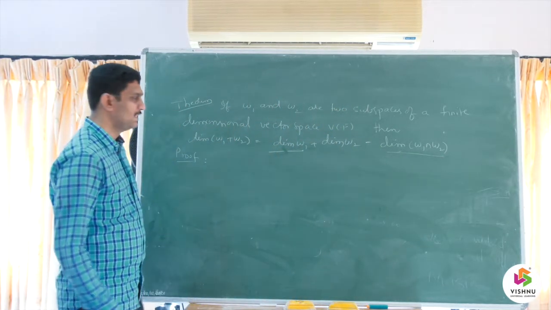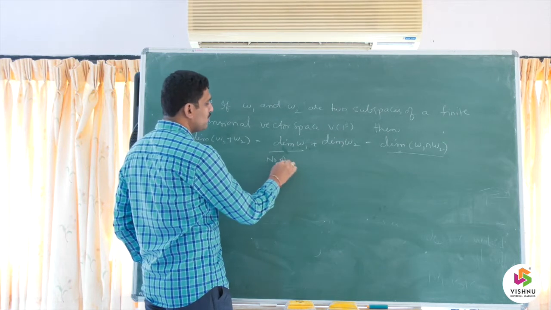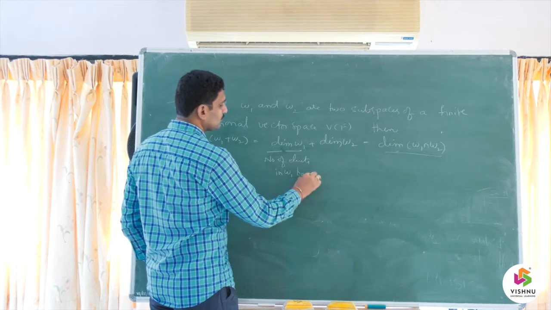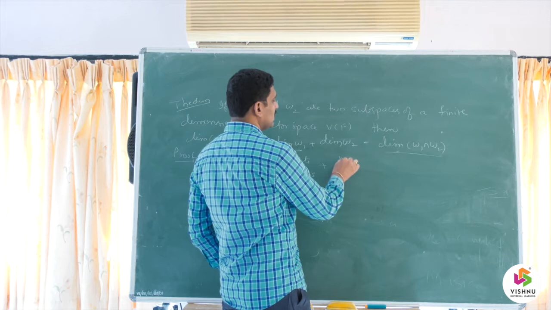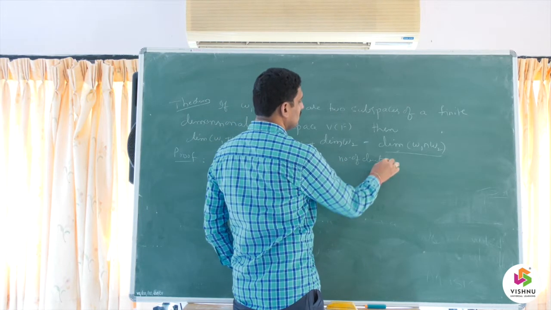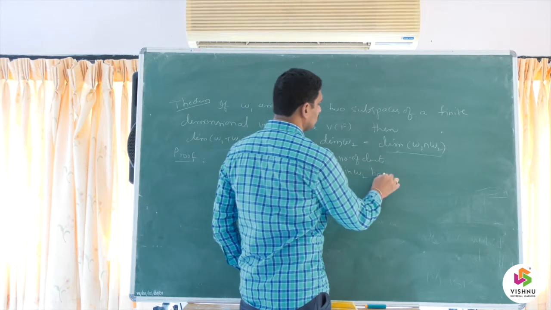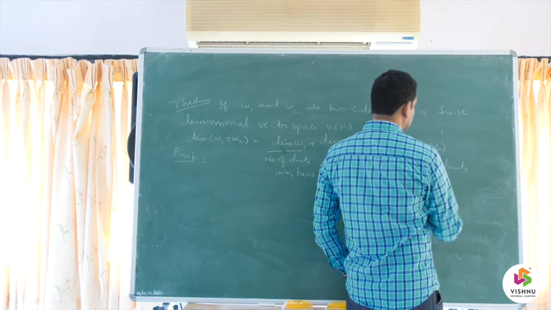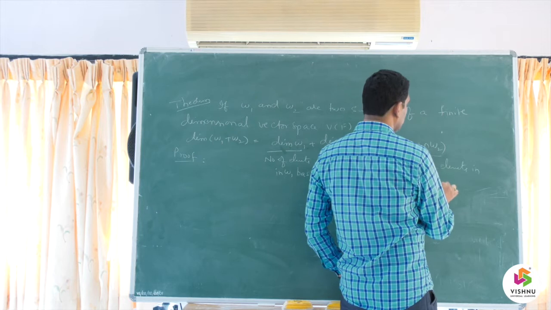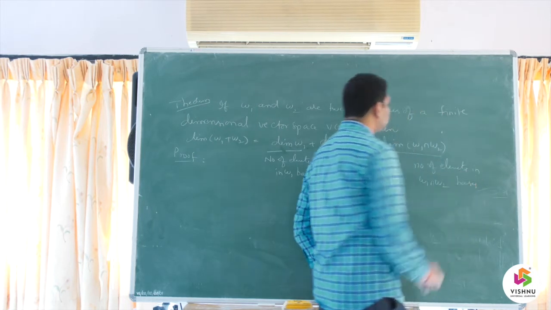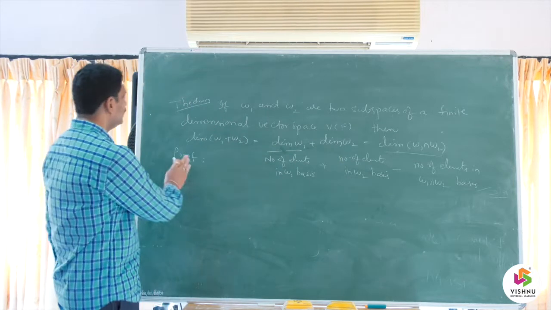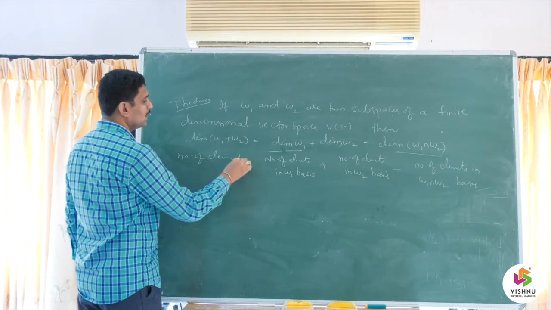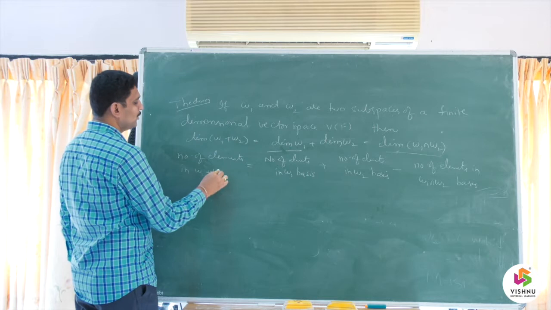So we can say that the number of elements in the W1 basis plus the number of elements in the W2 basis minus the number of elements in the W1 intersection W2 basis, if you perform this calculation, is equal to the number of elements in the W1 plus W2 basis.